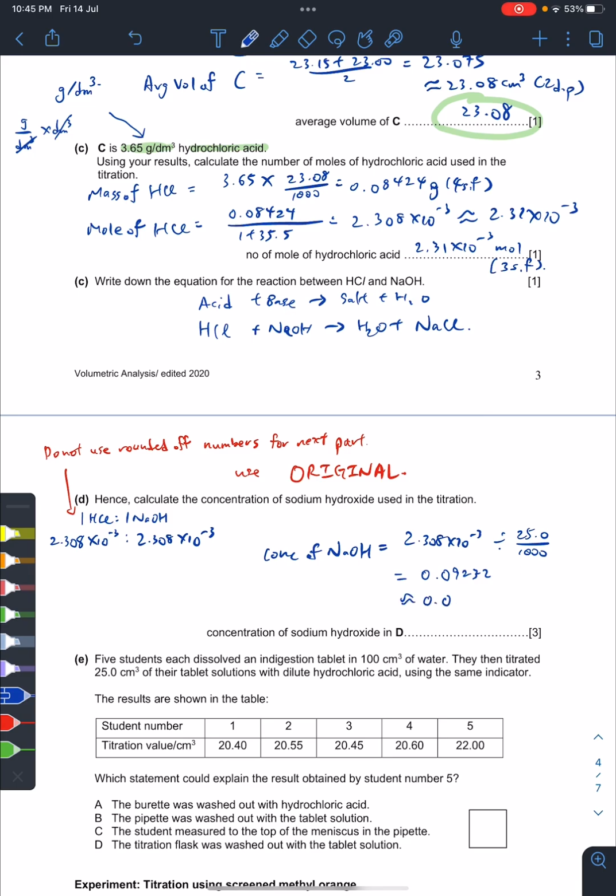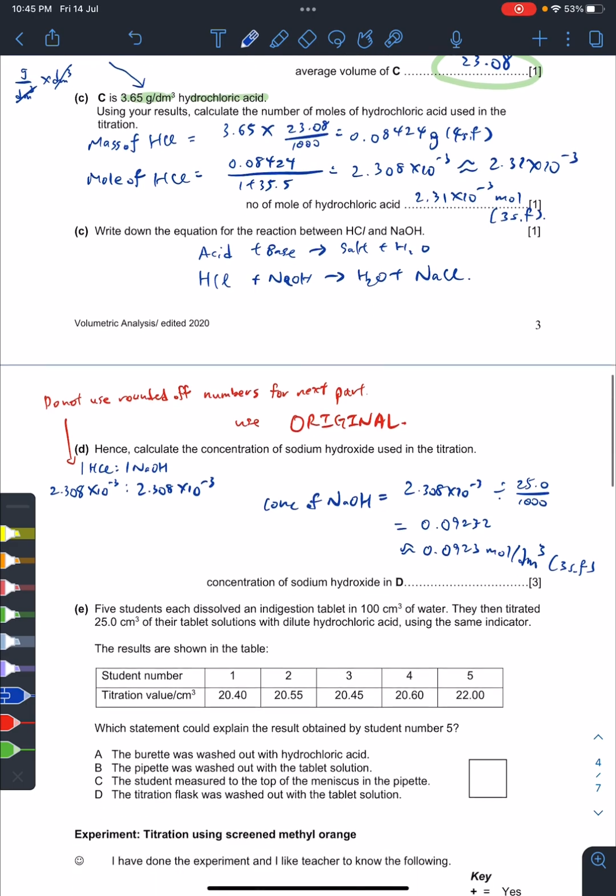Remember 3SF? 0.0923 mole per dm cube. 3SF, yay! There you have it. Cool. Yep, that's it. There you have the answer.